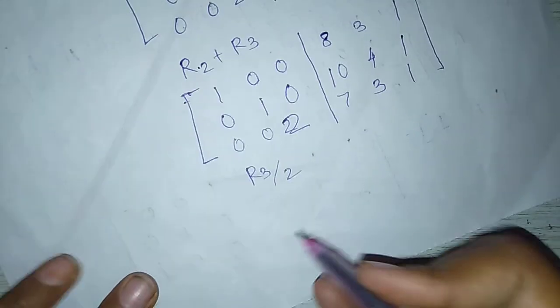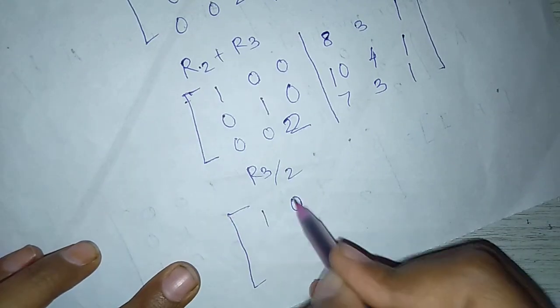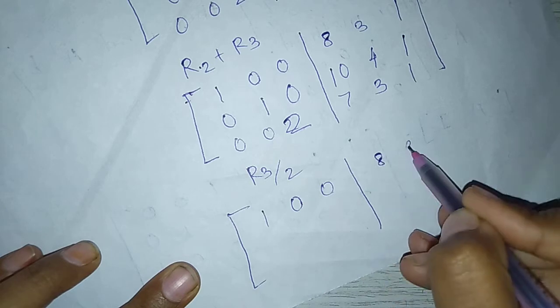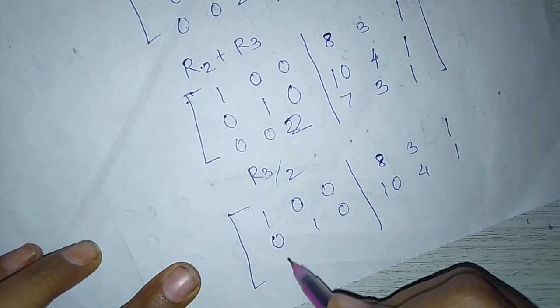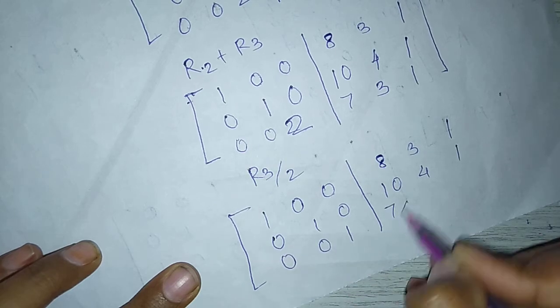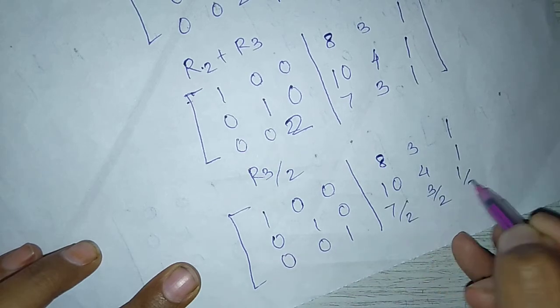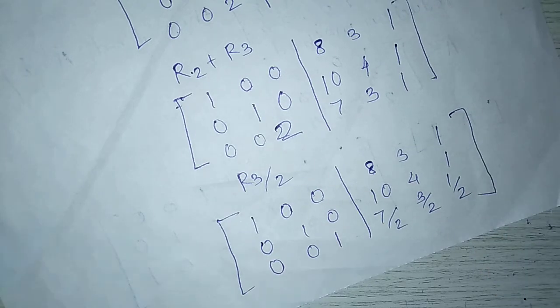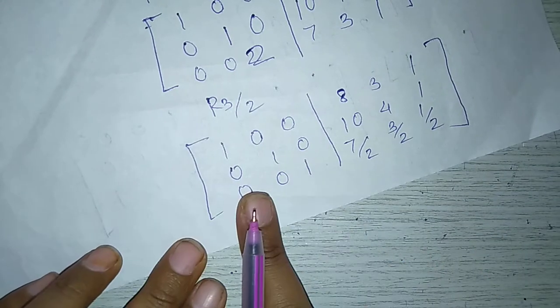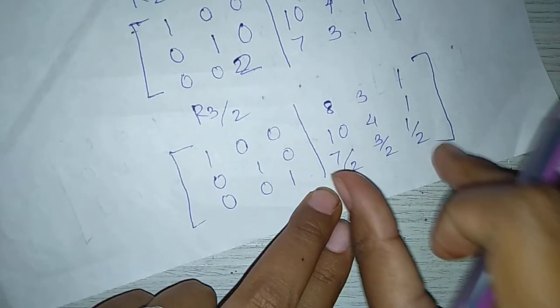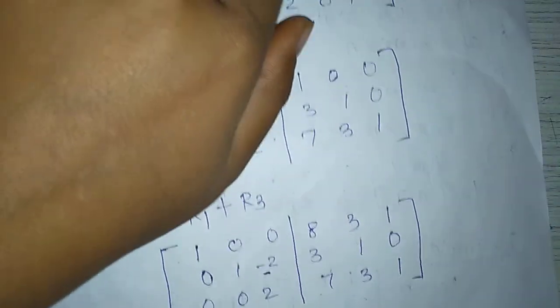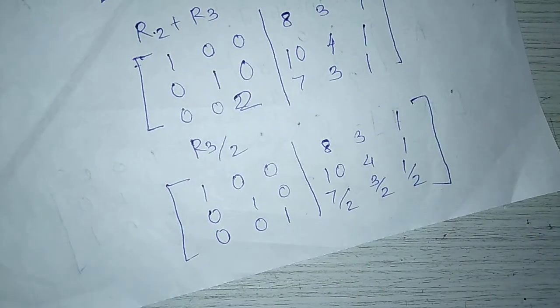R3 by 2, we get 7 by 2, 3 by 2, 1 by 2. Therefore, this side is converted into the identity matrix, and the resultant side of the first identity matrix changes into this; we get A inverse.